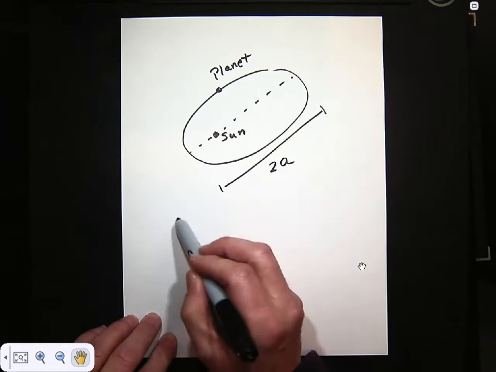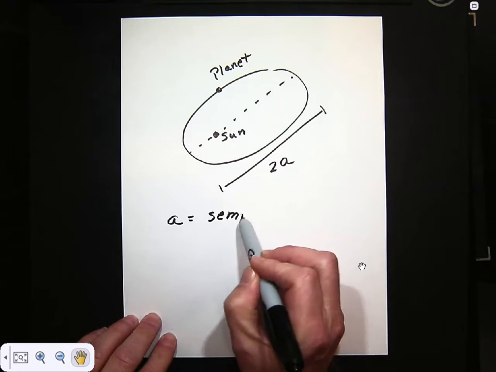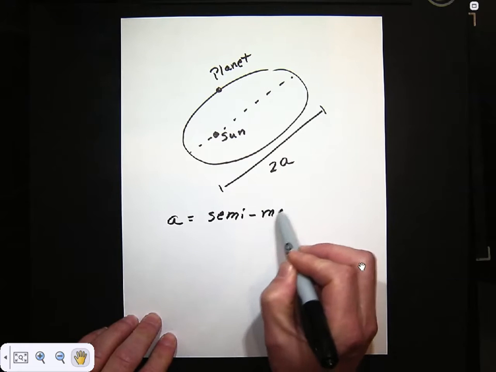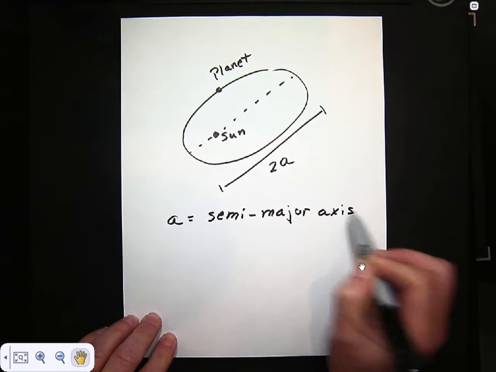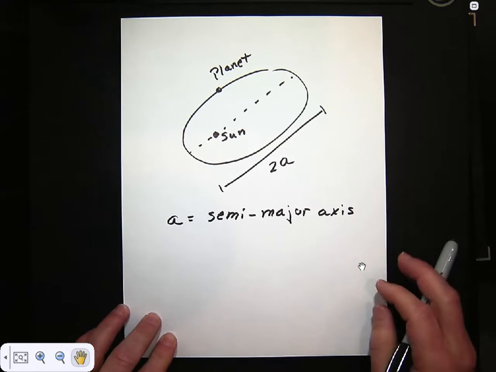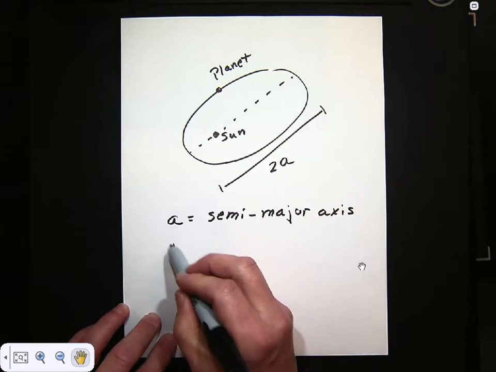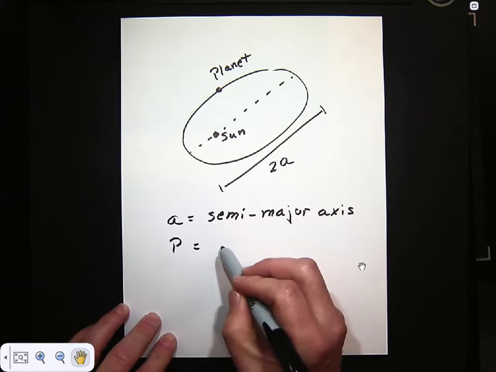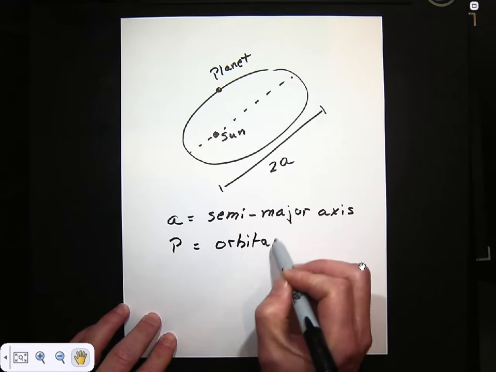So A is the semi-major axis, semi referring to half the distance. Then the time for an object, such as this planet, to get all the way around its orbit one full time is the period, for which we'll use the symbol P. So that's the orbital period.